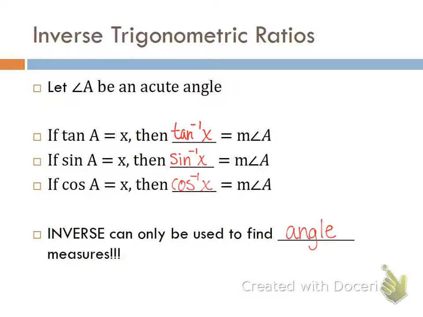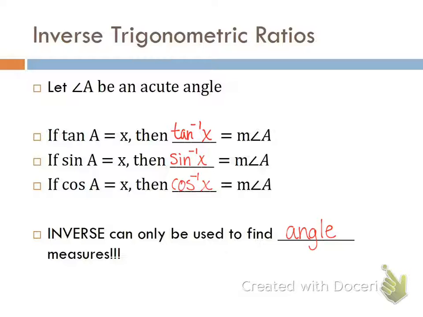If you think about tangent, sine, and cosine as functions, this should make sense. If you're trying to undo a function in any math class, you're using the opposite or inverse operation.